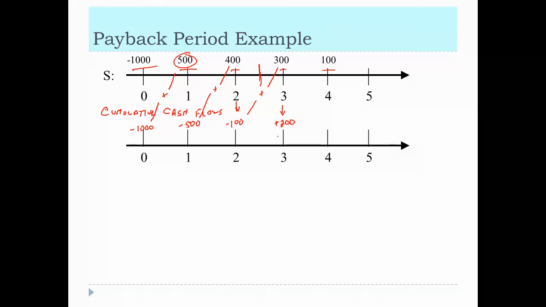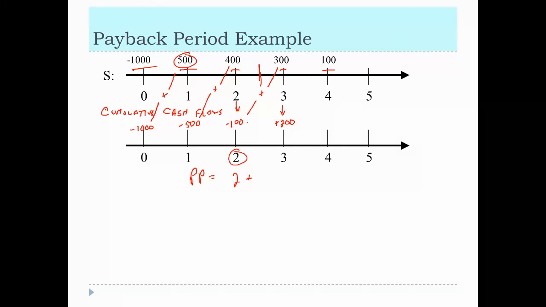Exactly how long did it take to recover its cost? Well, clearly, it was 2 years plus some part of the third year. And again, there's not really a formula for this, but I would do the calculations this way. The payback period is equal to 2, which is these 2 years, plus whatever fraction of the third year it takes to recover that remaining shortfall.